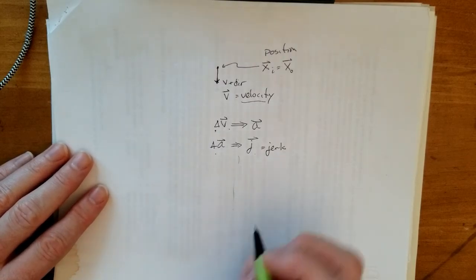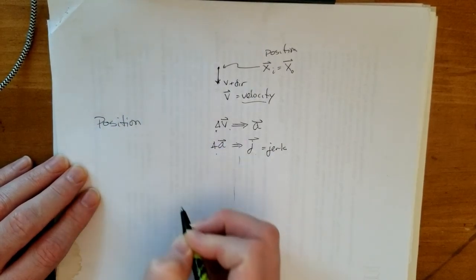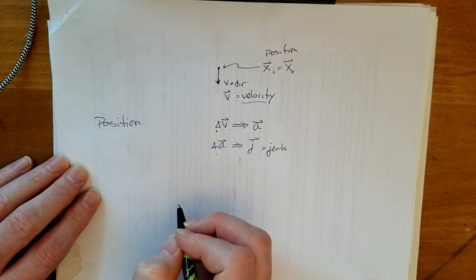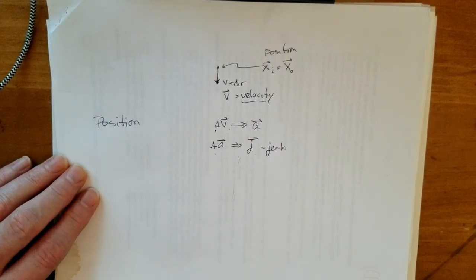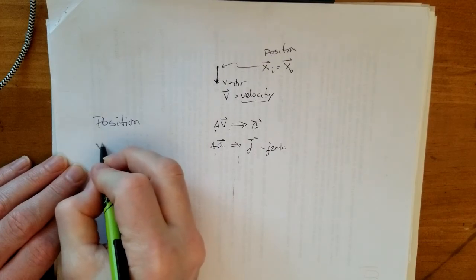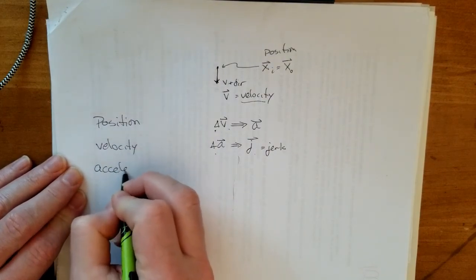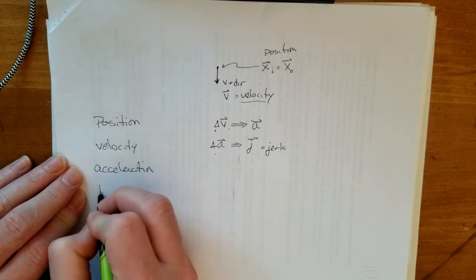Starting out here, we have position. Now there's another video that I'm going to ask you to look at, which was originally done for a different group. However, the vocabulary stays the same. Velocity, acceleration, jerk.